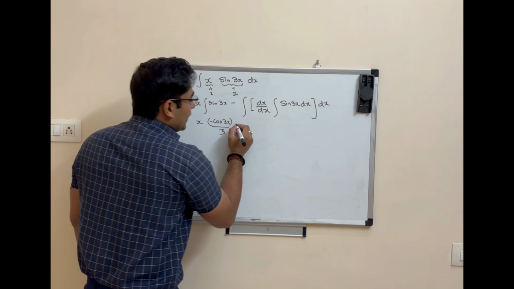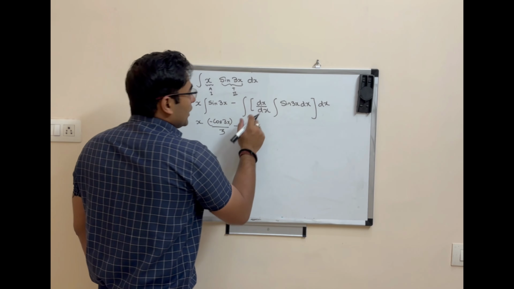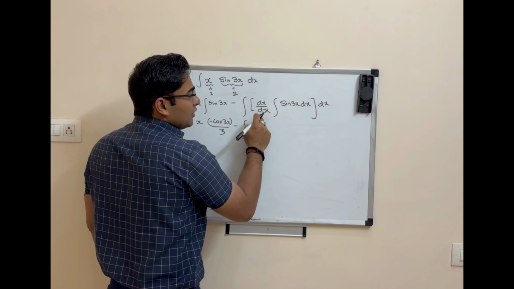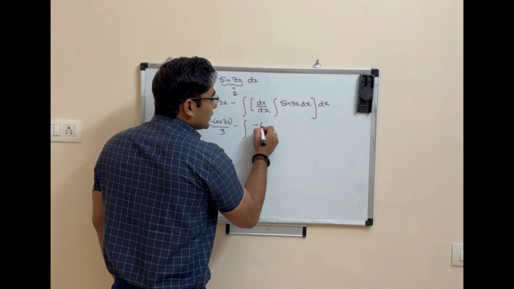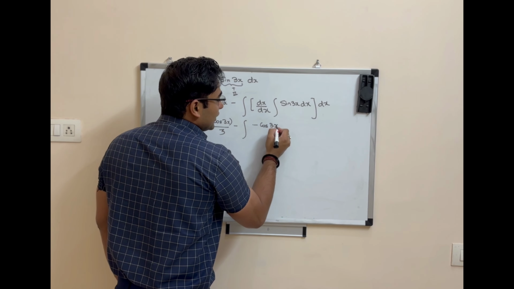The derivative of x turns out to be 1, and the integral of sin 3x is minus cos 3x upon 3.